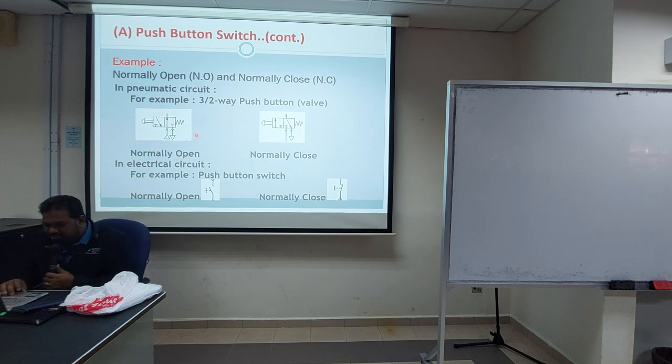Okay, so boleh tengok dekat sini, in pneumatic circuit normally open maksudnya normally on. Tapi in electrical circuit normally open maksudnya disconnected. So yang ni you kena tahu. So similarly normally close in pneumatic maksudnya no connection, and in electrical normally close maksudnya ada contact. Okay, normally contact.